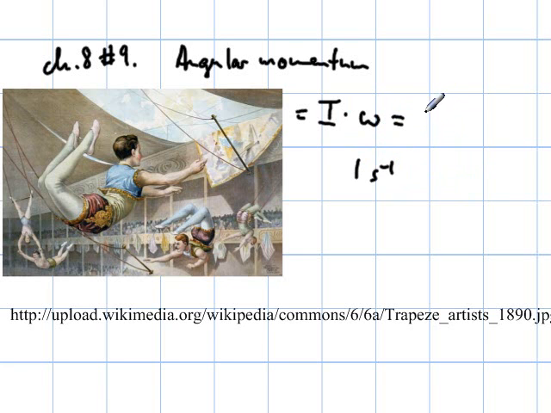Now the rotational inertia is reduced to 1/3 of its original value, but the equal sign has to be valid, so omega here needs to be 3 times as large, and therefore she will have to rotate 3 times per second.